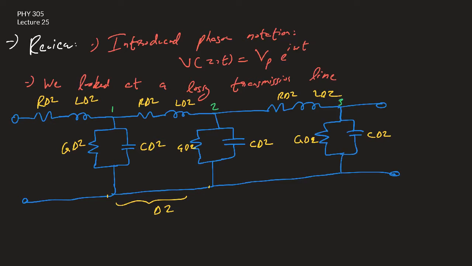We called the voltage at node 1 V, the voltage at node 2 V plus delta V, and the voltage at node 3 V plus 2 delta V. We called the current leaving node 1 I, the current leaving node 2 I plus delta I, and the current leaving node 3 I plus 2 delta I. And this current we called minus delta I, and this current was the same, minus delta I. So this was our model for a transmission line, which is just two parallel conductors transporting electrical energy or electrical signals.